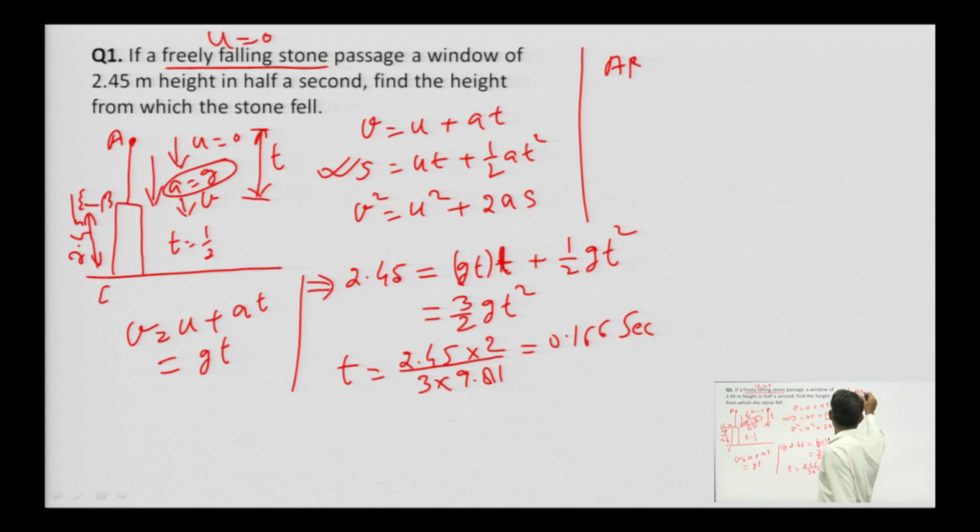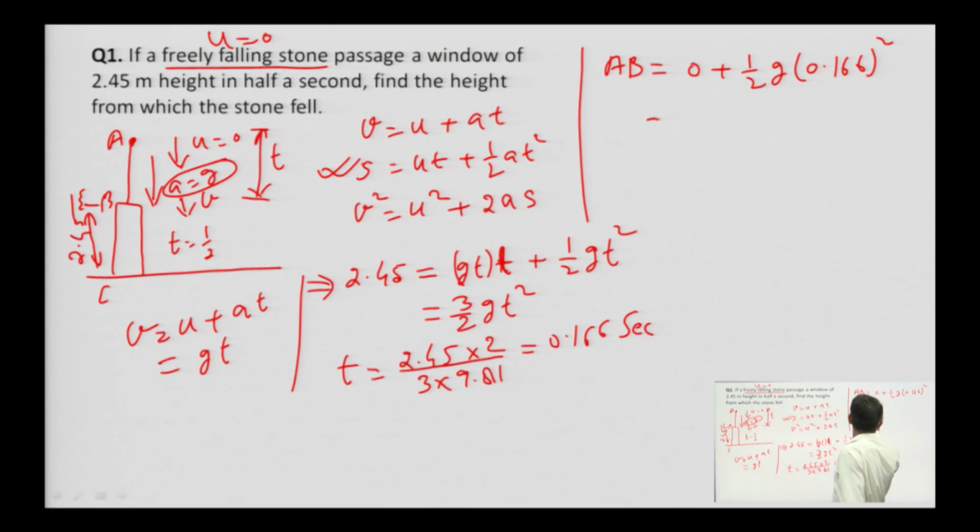Let us calculate the distance AB. Distance AB will be, using the equation ut plus half a t square, u is 0, so 0 plus half g into 0.166 square, which is 0.166 square into 9.81 divided by 2. It is 0.136.